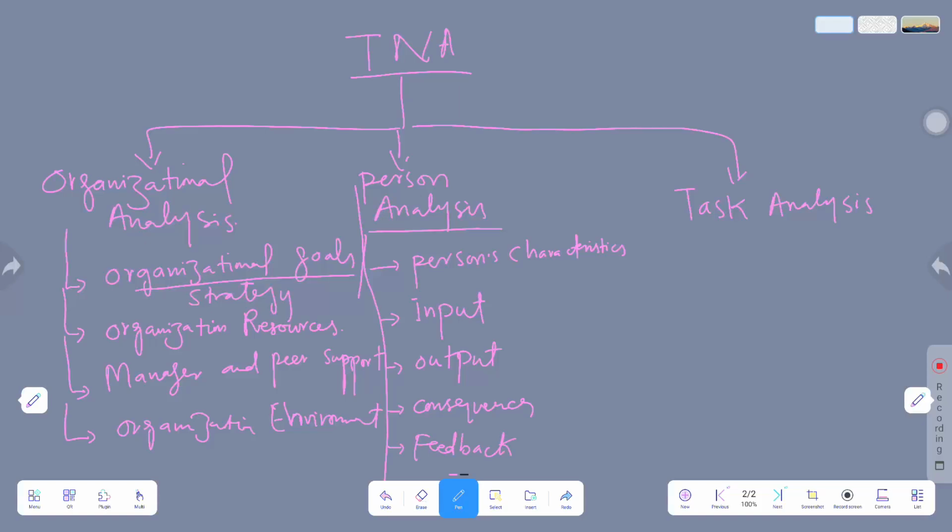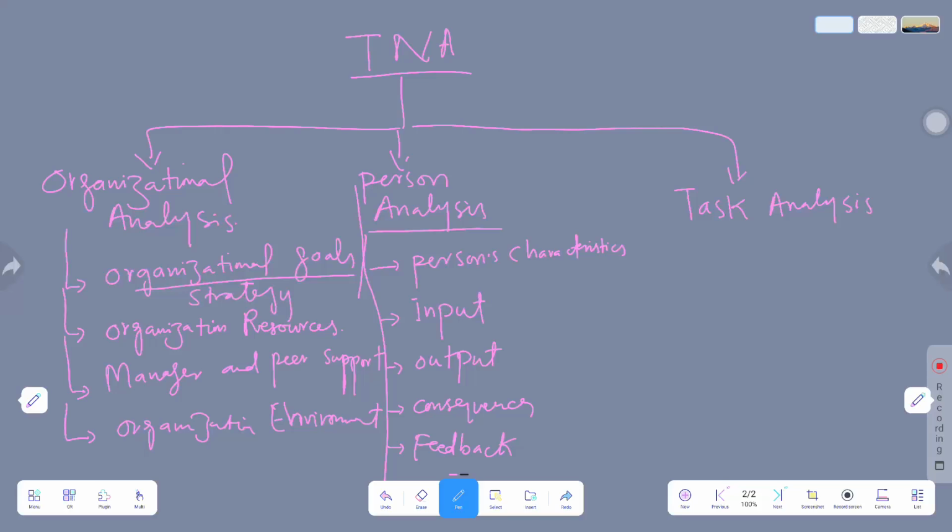In organization analysis, we conducted four activities. In person analysis, we conduct activities regarding the individual, and we evaluate or assess an individual or an employee's characteristics, input, output, consequences, and feedback.